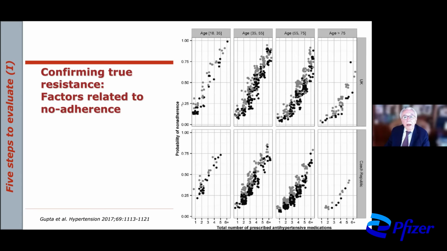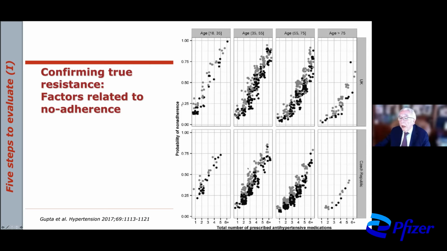The second, and this non-adherence for sure is related not only with the antihypertensive treatment, it is also related with the number of drugs that the patients are taking for other conditions. And the higher the number of drugs, the higher the percent of non-adherence.